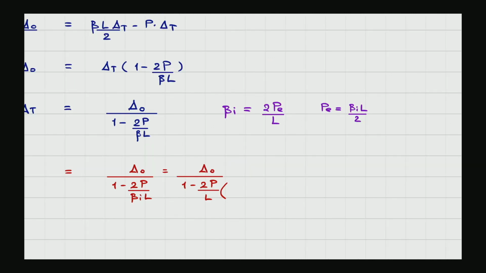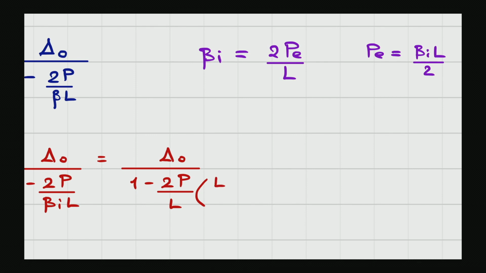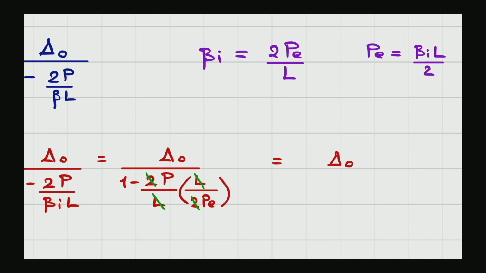So beta I is equal to this. Okay, cancel out. Turns out you get delta naught over 1 minus P over PE.